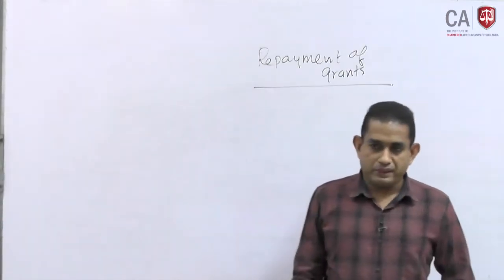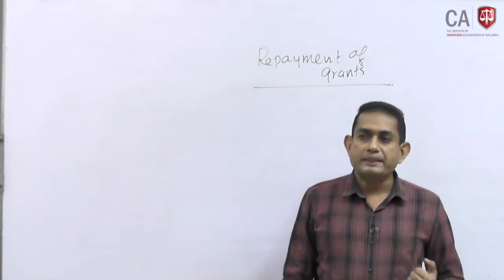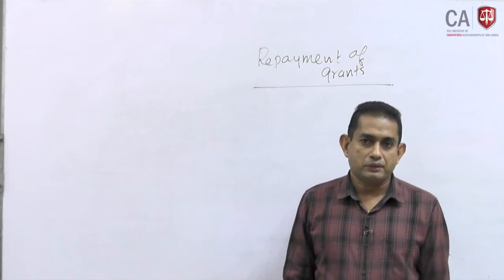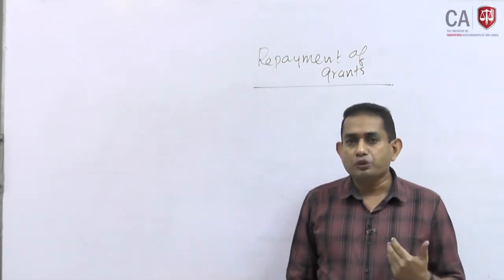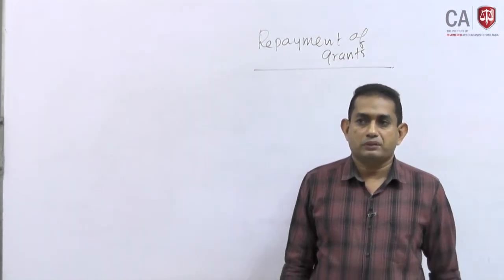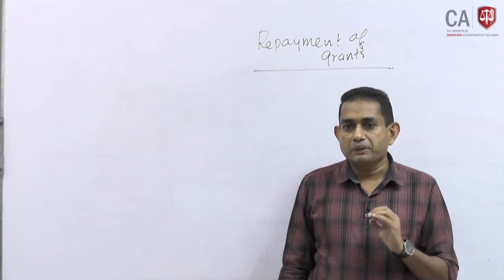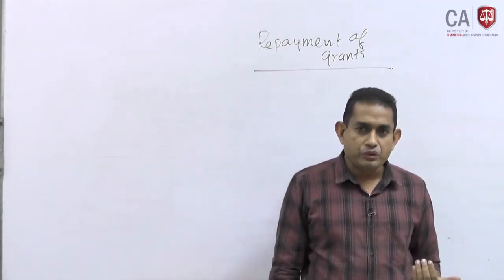The repayment of the grant. The grants we are receiving will have to be repaid to the government for many reasons, such as not being able to meet the conditions of the government. You know, before the grants are given, there are some conditions attached to it.